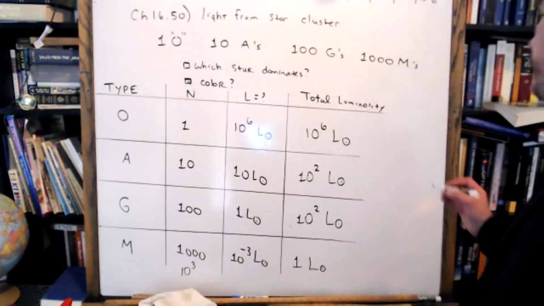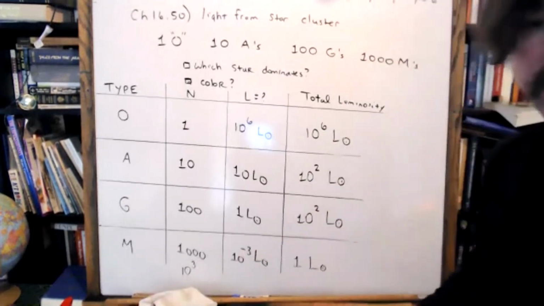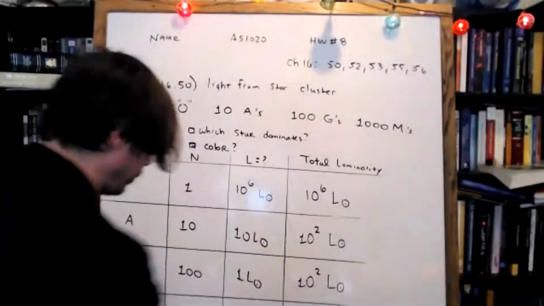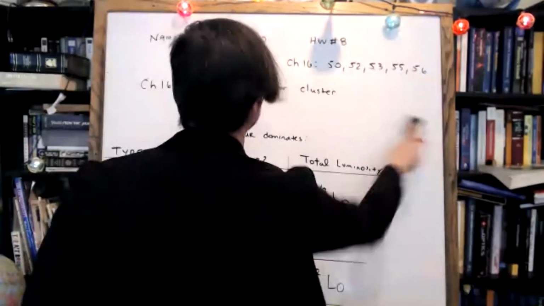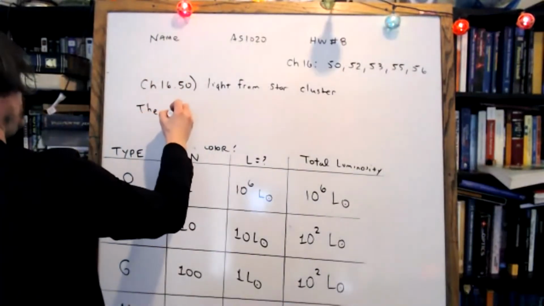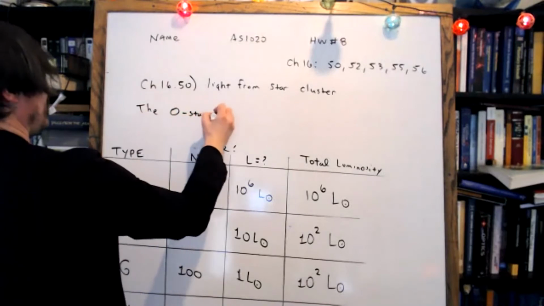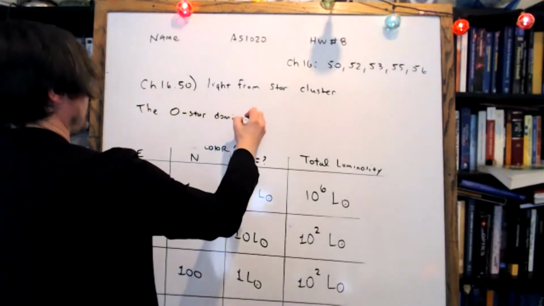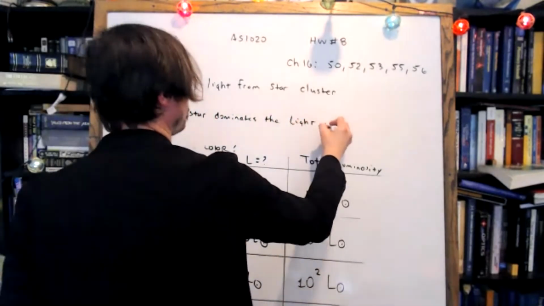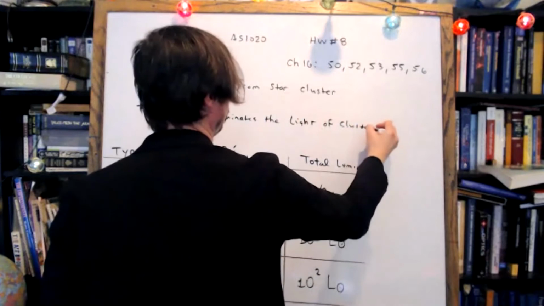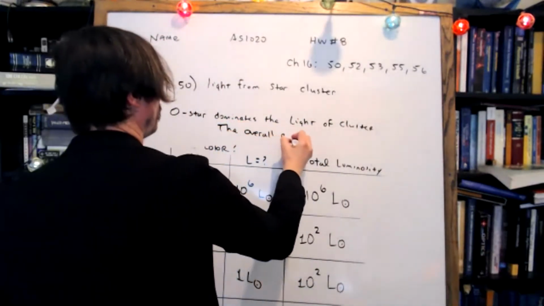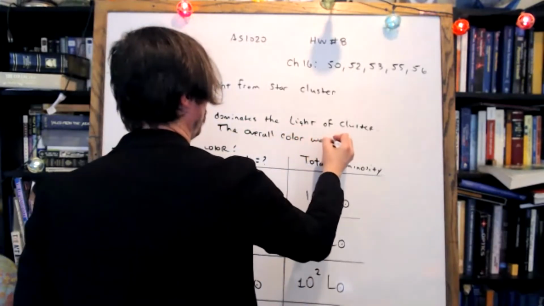Okay, so we can clearly see, just put a little sentence underneath it, okay? Actually, I'll do it up here because I don't feel like crouching down right now. Just put one little sentence at the bottom that says, the O star dominates the light of the cluster, and then write the overall color would be what?